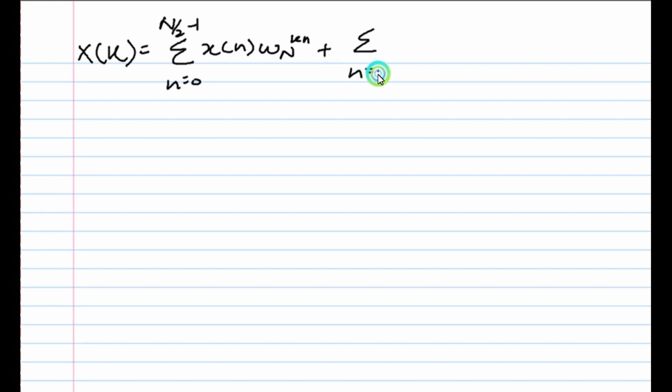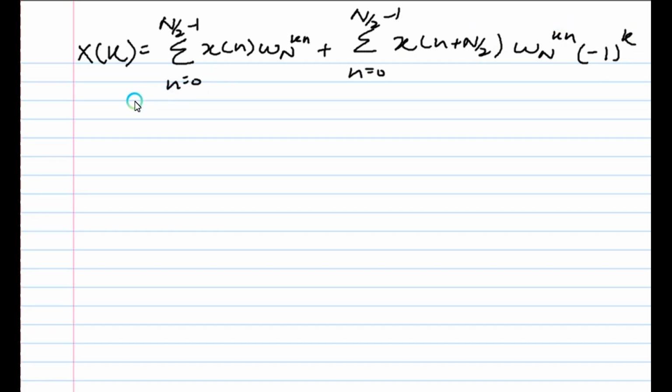The change is in the second summation, 0 to N by 2 minus 1 of x of n plus N by 2, and then W_N^{nk}, and instead of W_N^{kN/2} we will write here minus 1 raised to the power k. Now this minus 1 raised to the power k is independent of the summation, so we can write it outside.